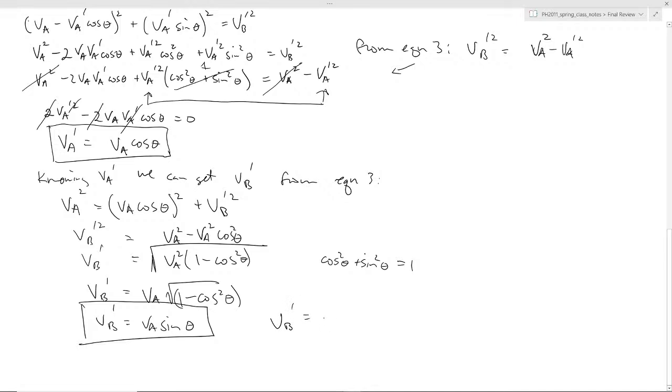VB prime would be VA sine theta. Putting in our numbers, VA was 3 meters per second. Theta was 30 degrees. So all of this algebra just to show that this becomes 1.5 meters per second.